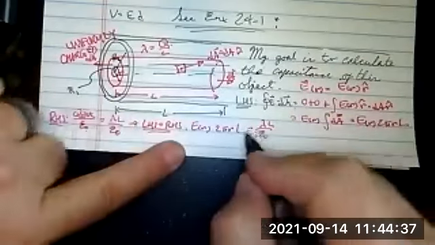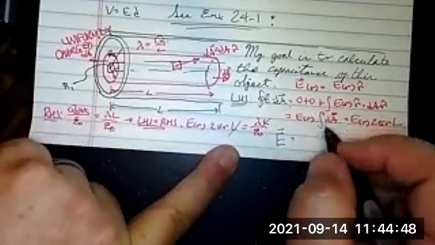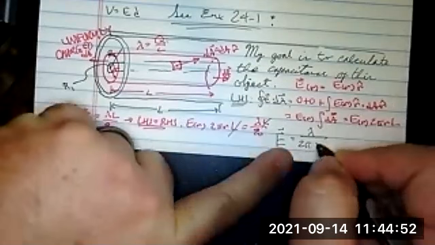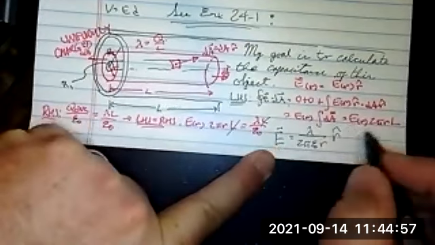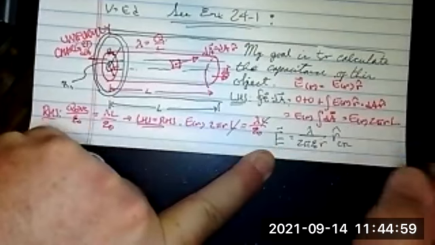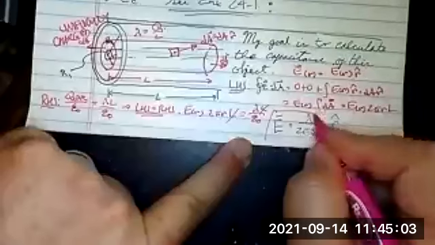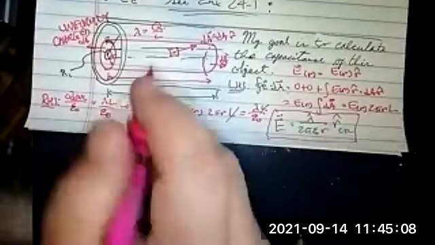You can see the L's cancel out, and ultimately you'll find that the electric field is equal to lambda over 2 pi epsilon naught R, pointing in the R hat direction, and I'll write CYL because that's cylindrical coordinates. So that's the electric field. And of course, we already knew that. We've done that 1,000 times, but that's the electric field between the plates.